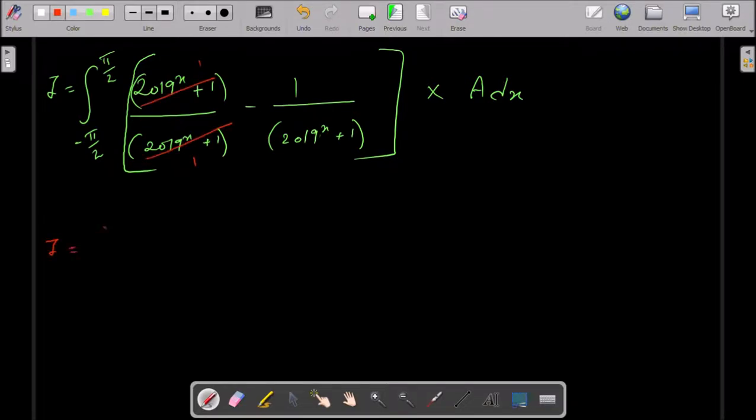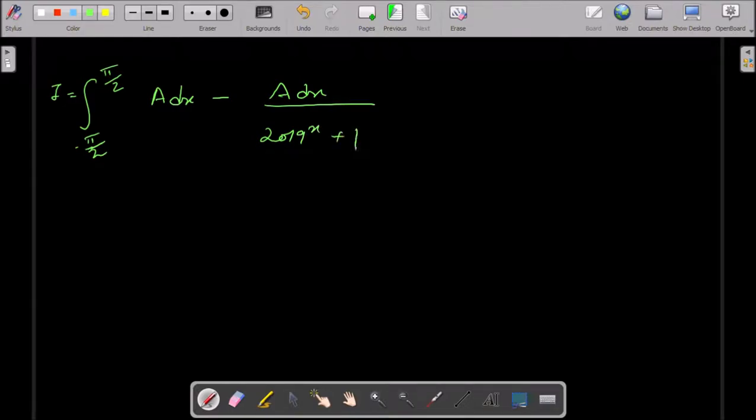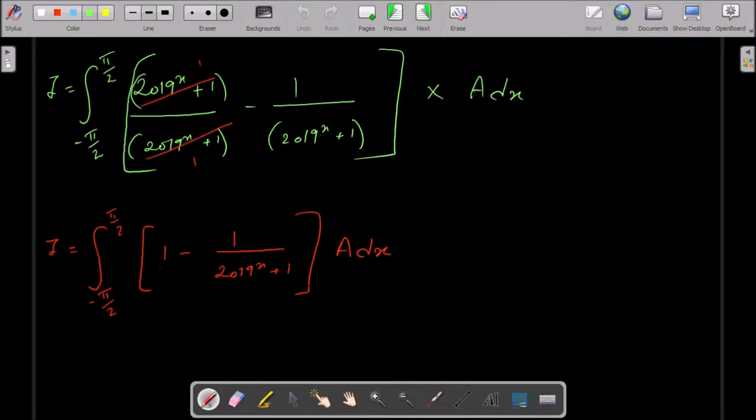So I equals 1 minus 1 upon 2019 to the power x plus 1, a dx. Okay, so I equals a dx minus a dx upon 2019 to the power x plus 1. See, a dx will be multiplied inside the bracket.